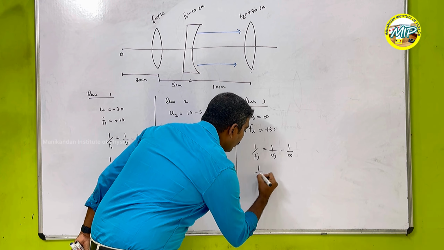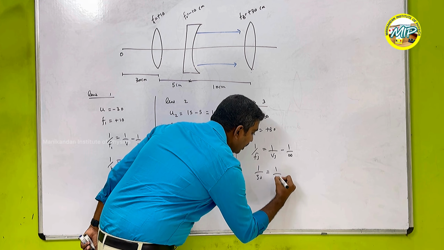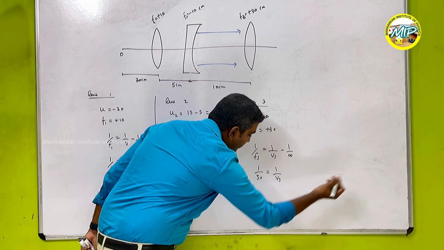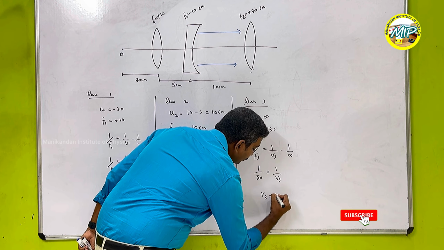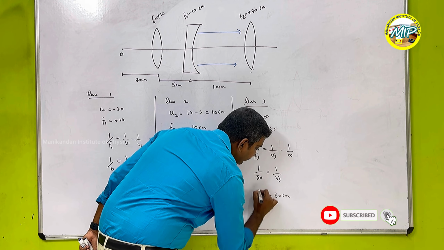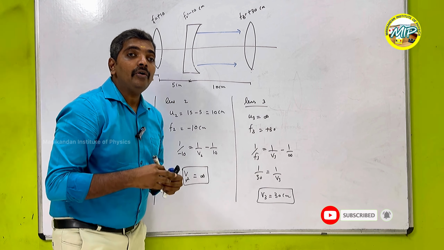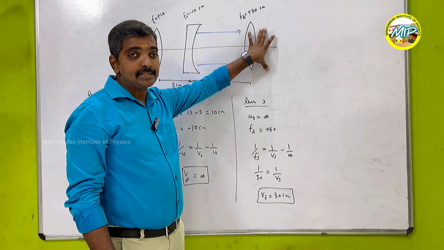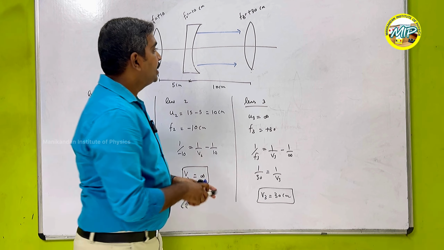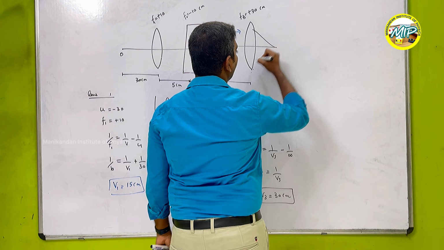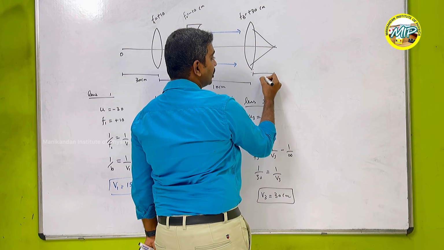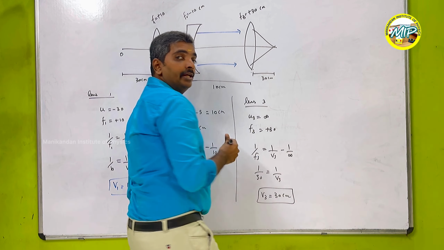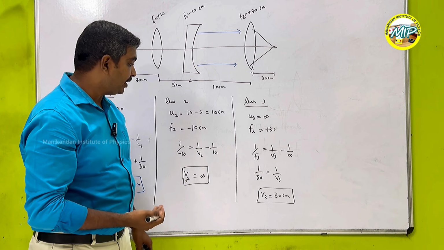If I substitute this value, 1 by 30 equals 1 by v3, since the other term is equal to 0. Therefore my v3 equals 30 centimeter. When the parallel beam of light coming from infinity hits the lens, the image is formed at the focus of this lens, 30 centimeter from here. This is the final position of the image.